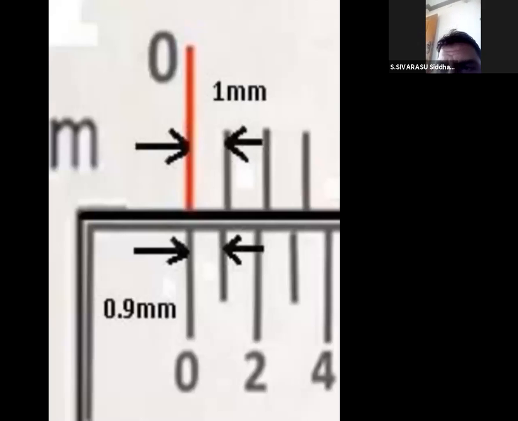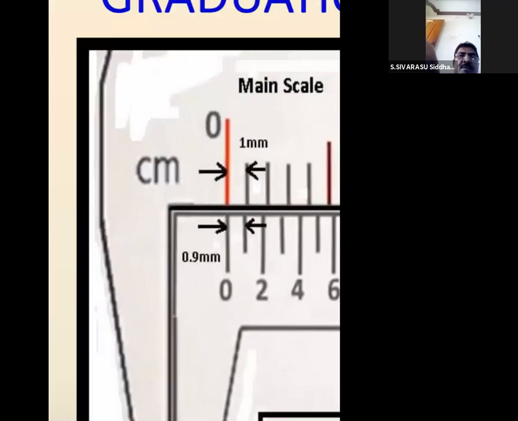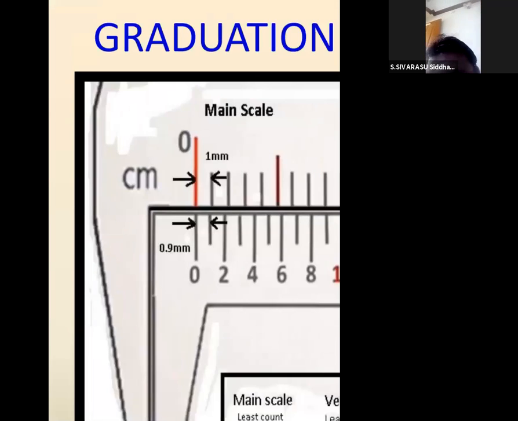If you divide 9 by 10, one vernier scale division equals 0.9 mm. Now the least count, what is the formula generally? Least count means the difference between one main scale division and one vernier scale division. So now you get 0.1 mm, that is the accuracy.